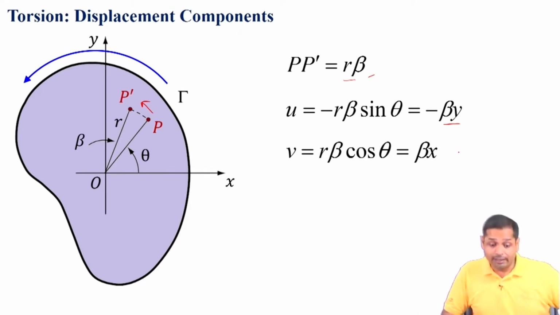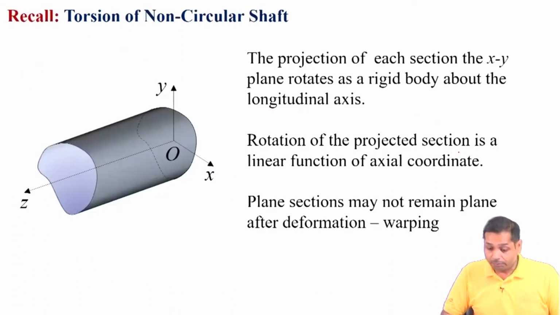Now, since in this case there will be out of plane deformation as well in the z direction, before we do that, I would like to take you to this assumption, which tells you that rotation of the section is a linear function of the axial coordinate.